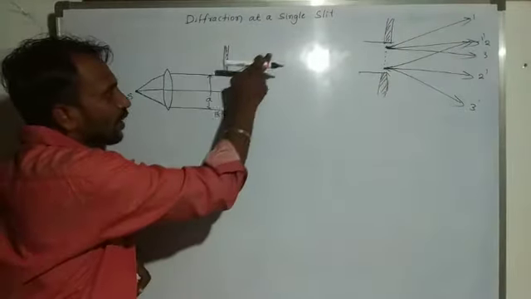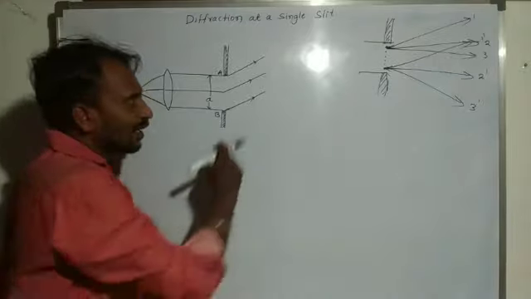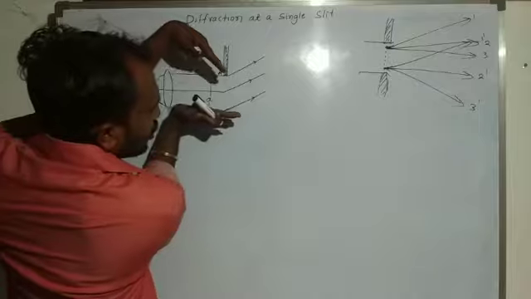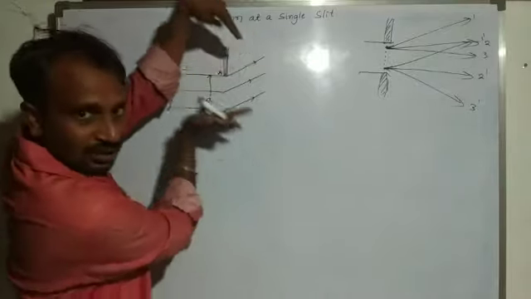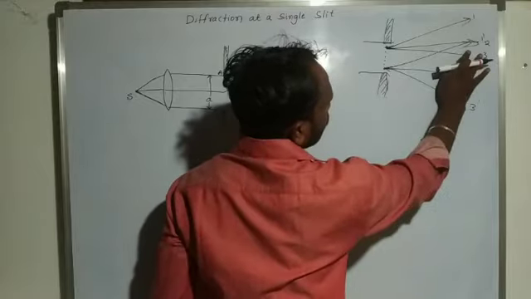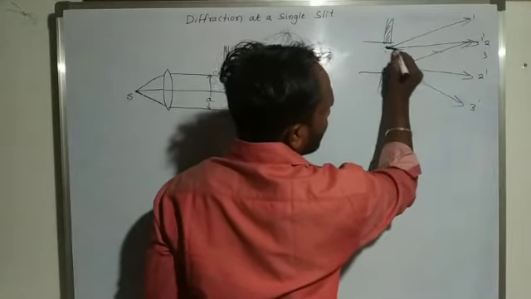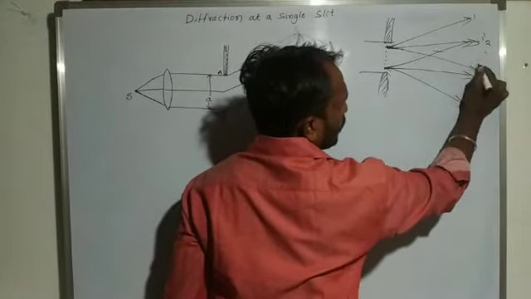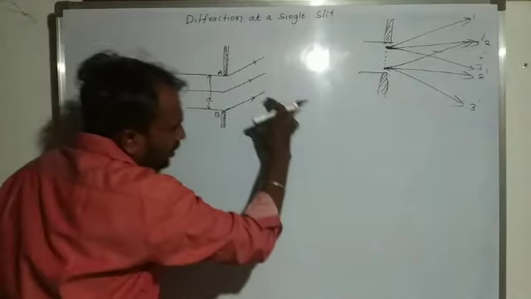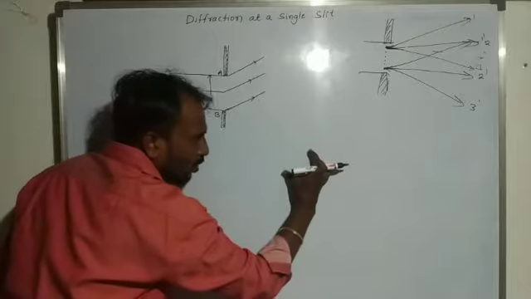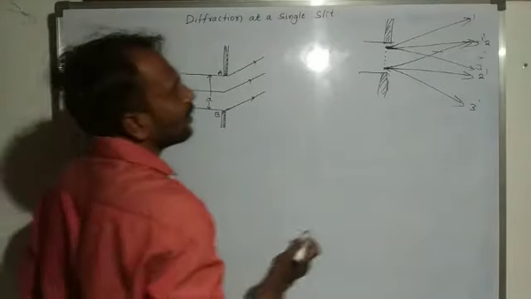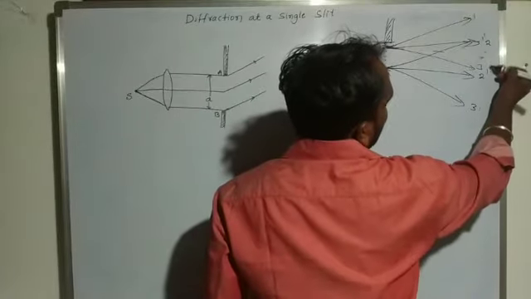This one is one light ray and this is another light ray; these two are parallel to each other. Here also this light ray changes its direction. Here 3 and 3 dash are parallel to each other, and the same thing with 2 and 2 dash.